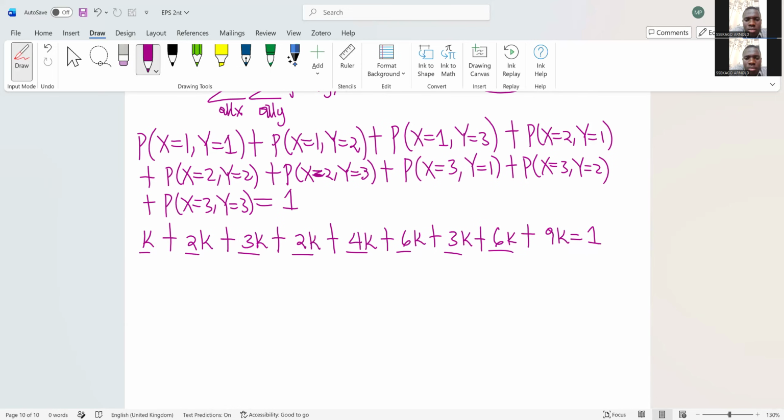So therefore, we have 36k is equal to 1. And this should imply that the value of k is 1 over 36.